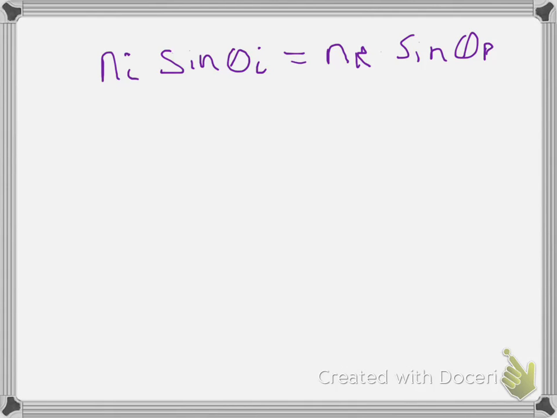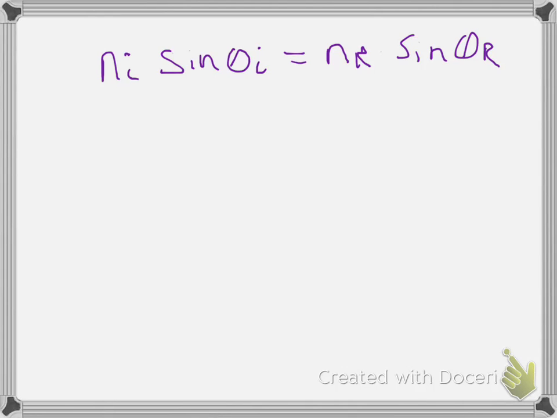So remember, the formula is Ni times the sine of our angle of incidence equals Nr times the sine of our angle of refraction.